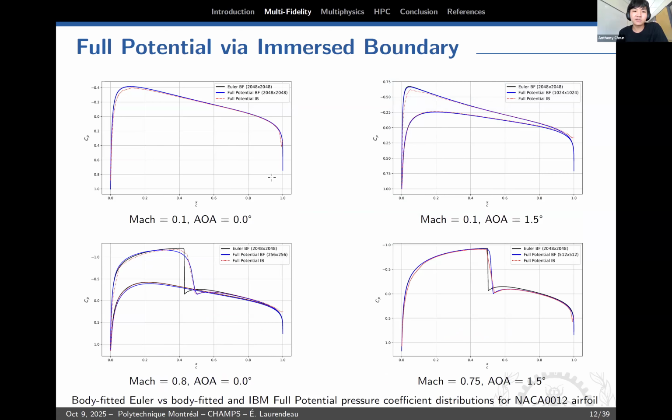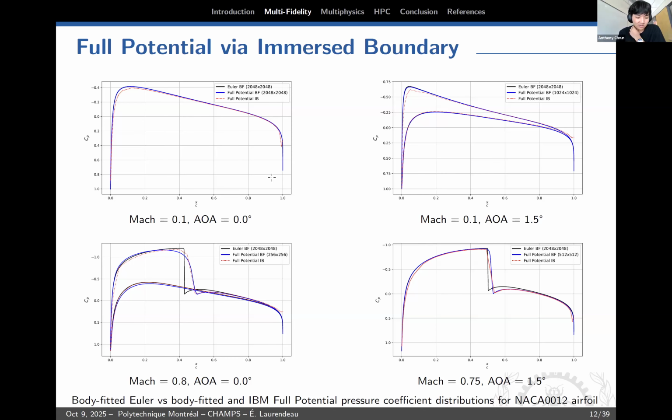So here are some results of the full potential immersed boundary method. So here we're comparing it to a traditional body-fitted method, and we're also comparing it to a solver that's slightly higher fidelity, which is the Euler implicit solver. And so what you're seeing here is the pressure coefficient distribution on the NACA0012 airfoil, so the traditional airfoil. And so we can see that the main differences here are the shock position when the Mach number reaches transonic speed.